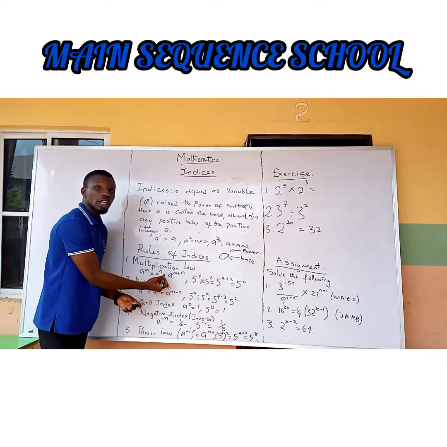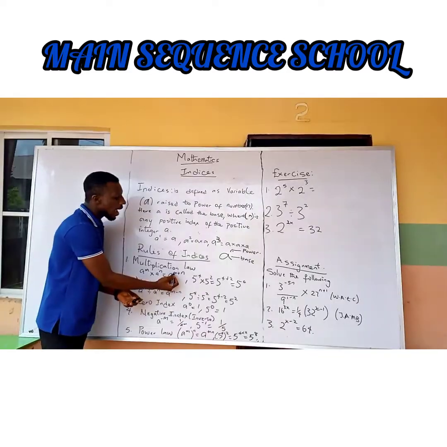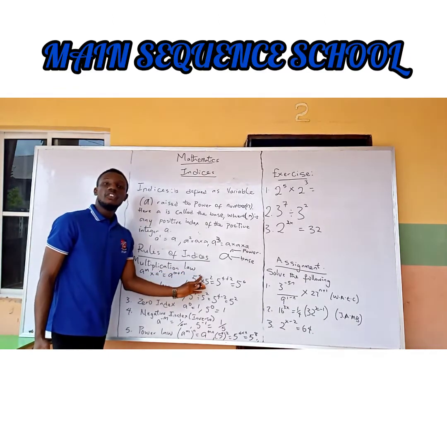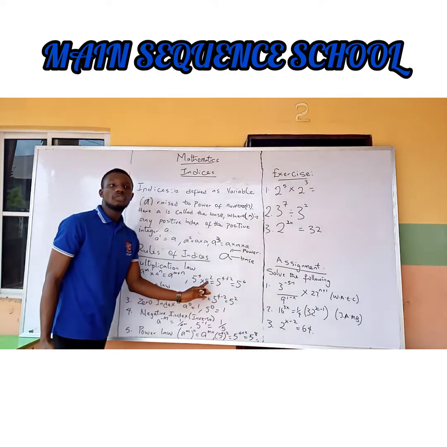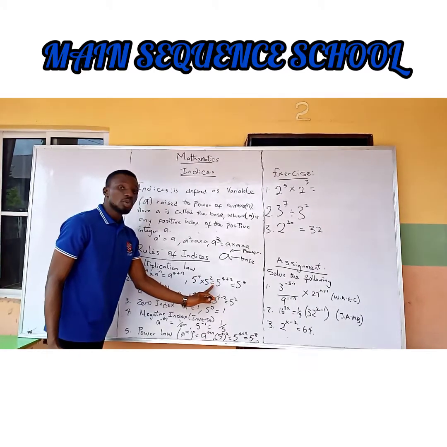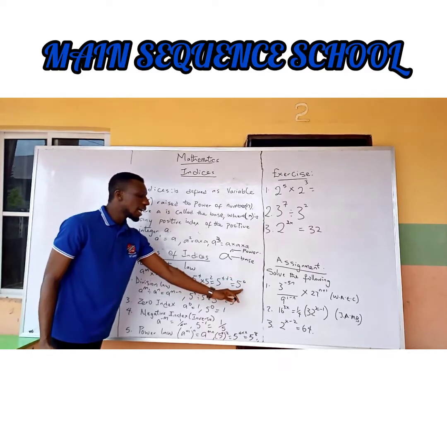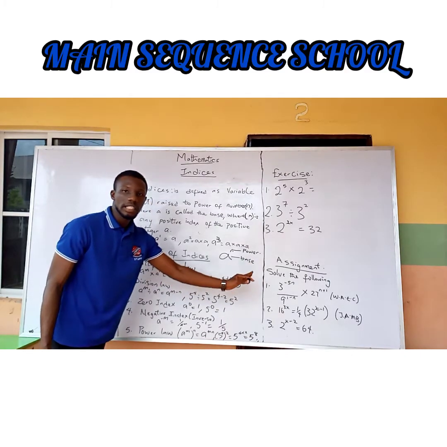It means it will be equals to a power of m plus n. Looking at an example here, 5 power of 4 times 5 power of 2. It will give us 5 power of 4 plus 2, and our answer will be 5 power of 6.